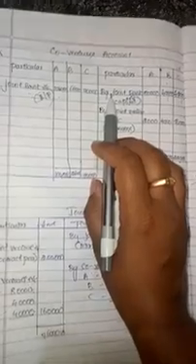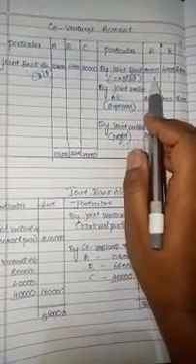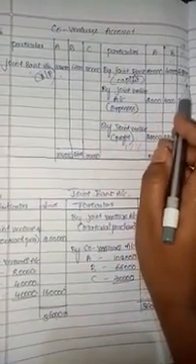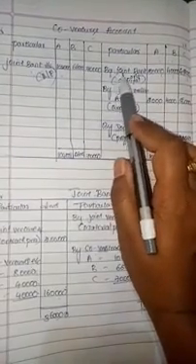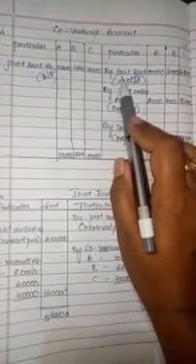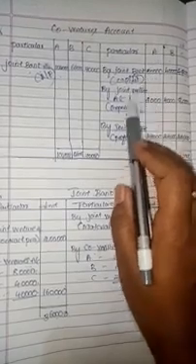The next account we need to prepare is the co-ventures account. See, debit, credit, the three co-ventures here, A, B, C. And they invested the capital of rupees 80,000 A, 40,000 B and 40,000 C. So that will be credited to the co-ventures account by joint bank account.